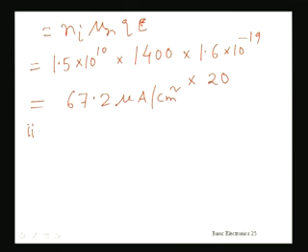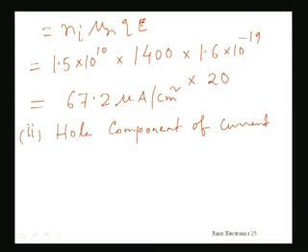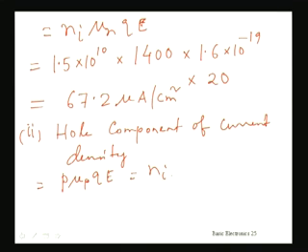Now part 2, the hole component of current density has to be found out, and that is the second part of the equation J, which is p mu_p q E. That can be replaced by n_i mu_p q E, because n_i, the intrinsic concentration, is equal to the hole concentration as well as the electron concentration in an intrinsic semiconductor.